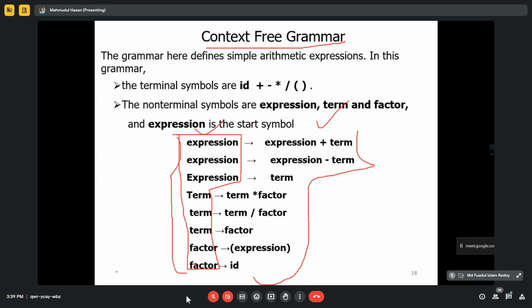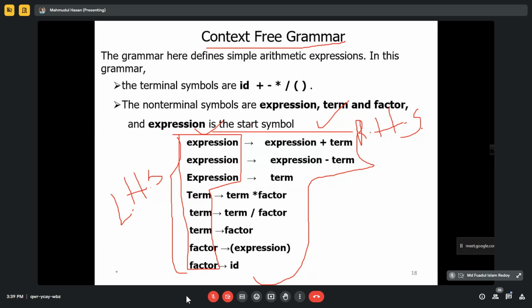That means your left hand side always contains non-terminal, but the right hand side contains terminal as well as non-terminal.